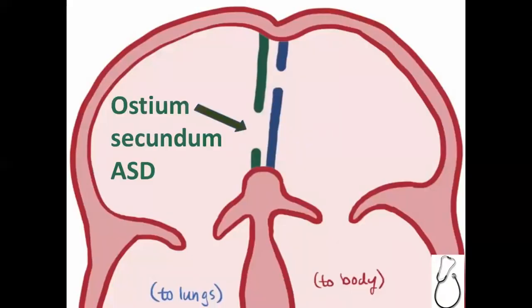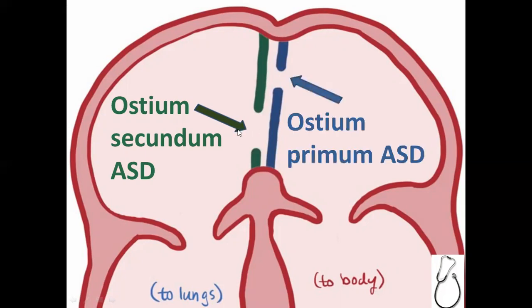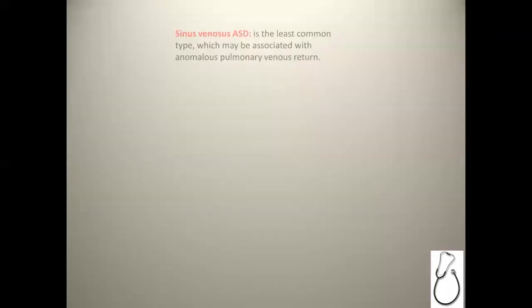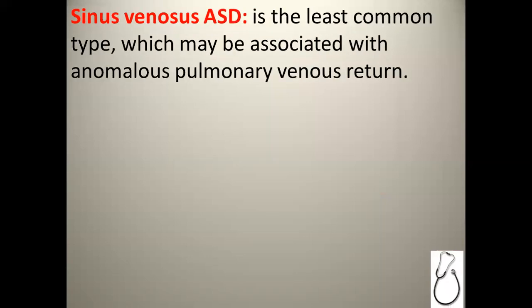Now this is ostium secundum, the hole occurring in the region of the foramen ovale, and this is the ostium primum, the defect near the endocardial cushion, and maybe it is part of the complete AV canal. The third type is sinus venosus ASD, the least common type, which may be associated with anomalous pulmonary venous return.